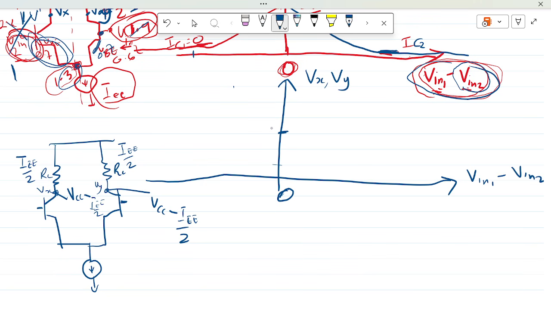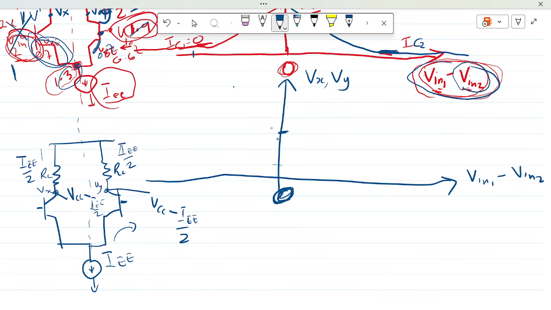So when the differential input is 0, it means that the tail current is not steered towards one direction, and they are sharing it equally because of symmetry in the circuit.